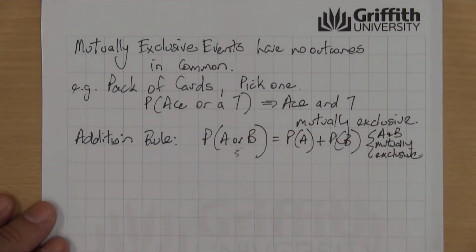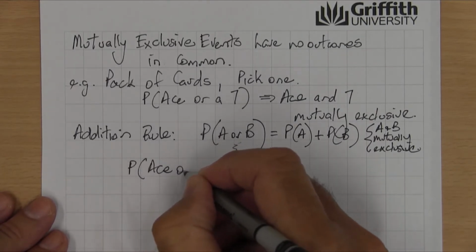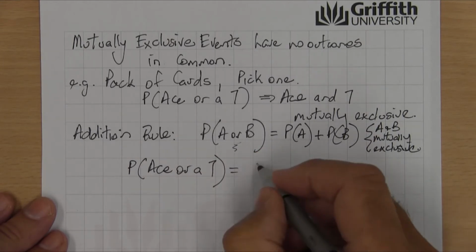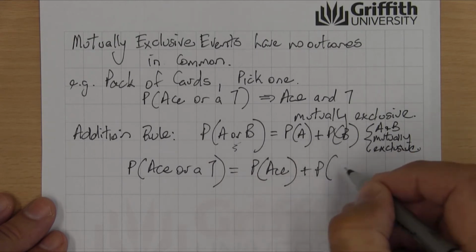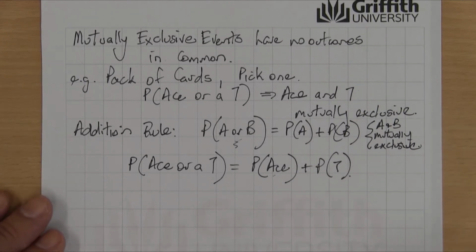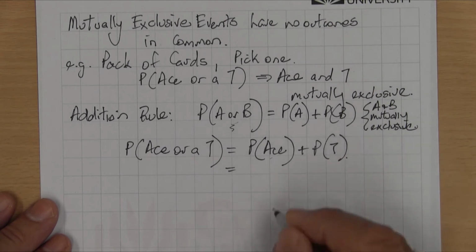So if we want to work this probability out, like we were before, the probability of an ace or a 7 equals the probability of an ace plus the probability that it's a 7. We've determined that these two are mutually exclusive. 4 aces in a pack.